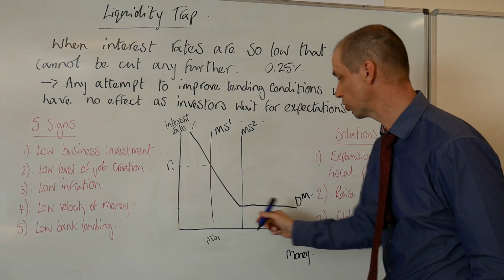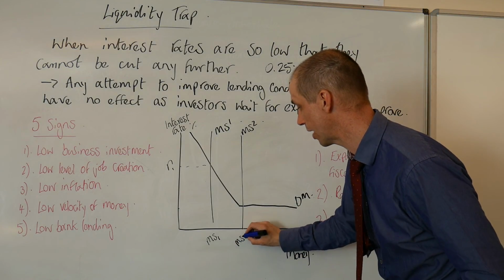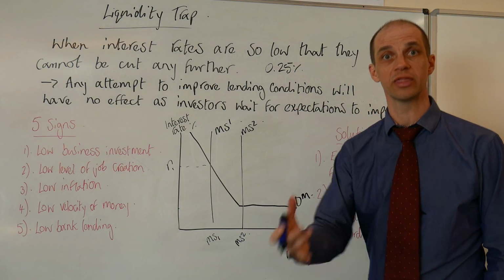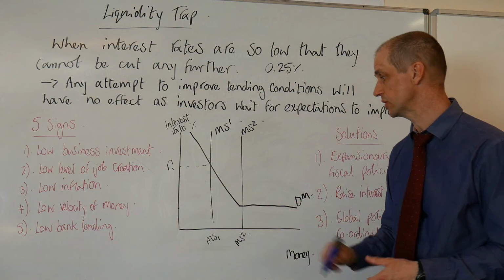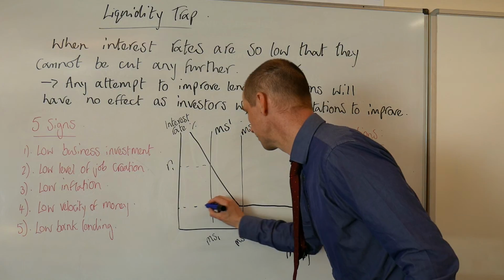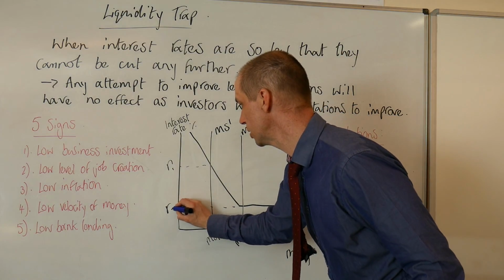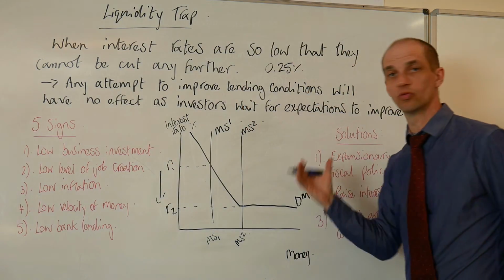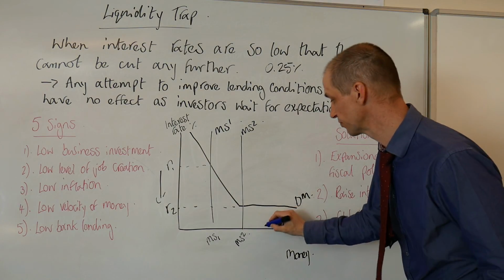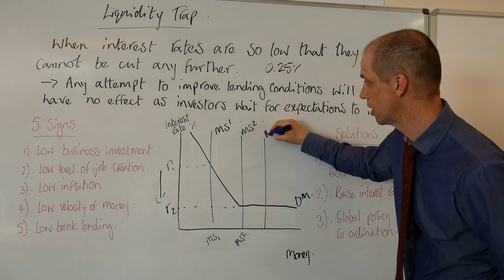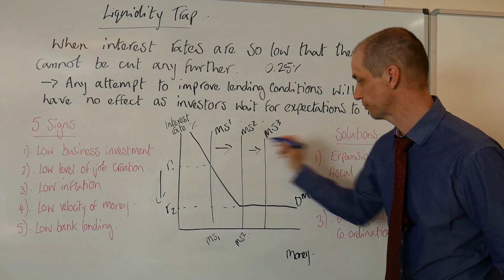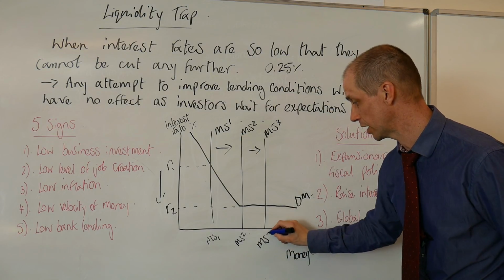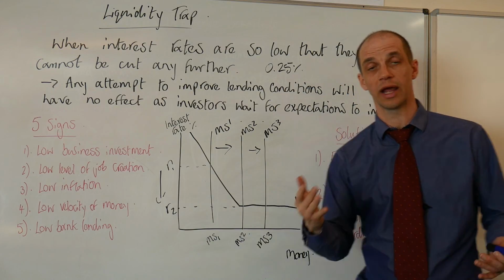Economic agents will hoard cash as opposed to going out and spending that money on consumption, or investment in the case of businesses. And therefore, we can see that at R2, yes, we have had an initial reduction in interest rates, but any further attempts by the monetary authorities to reduce interest rates fail to achieve such an outcome.